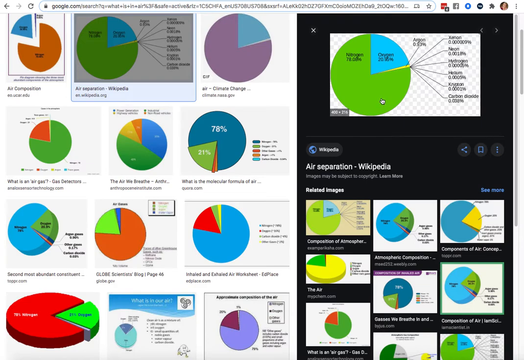And the reason we know that this is a mixture and not a compound is that each of these components of it maintains its own identity. Nitrogen is not chemically bonded to the oxygen or to the argon or to the xenon. If all of these things were chemically bonded to each other, then it would be some kind of giant compound, but it's not. It's just a mixture of all these different gases.